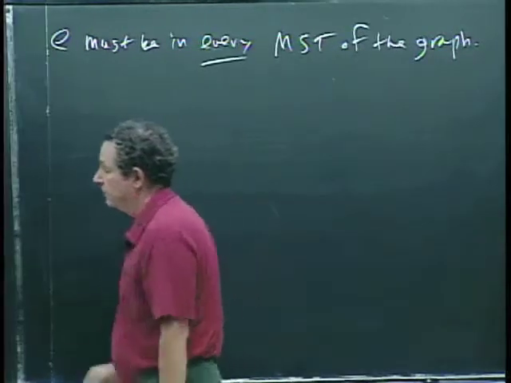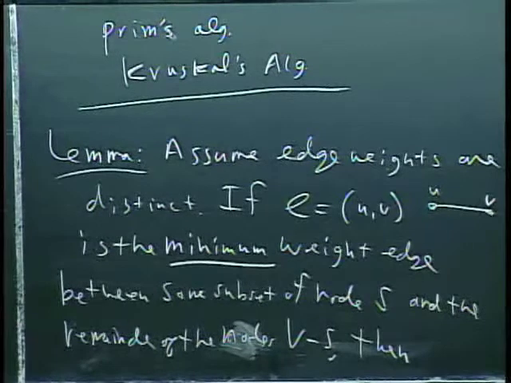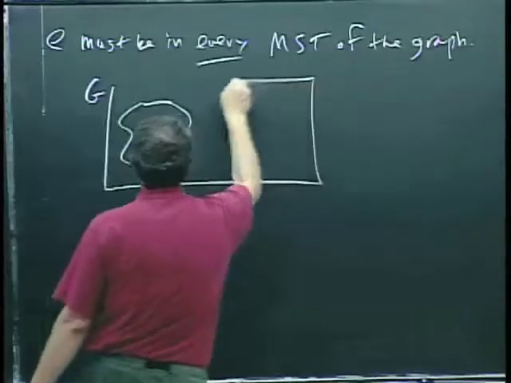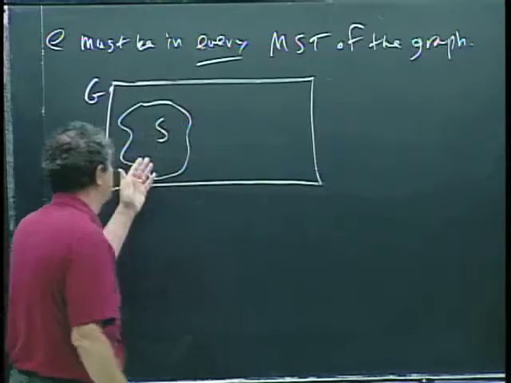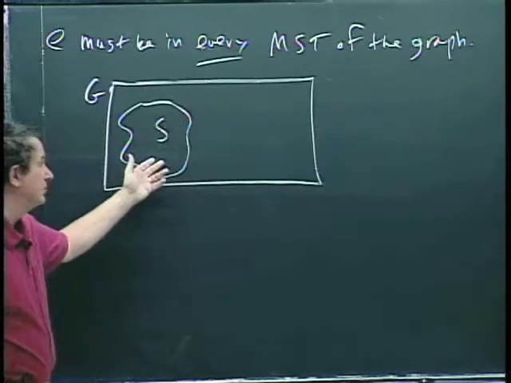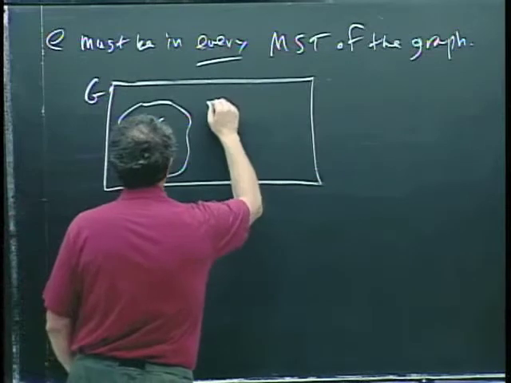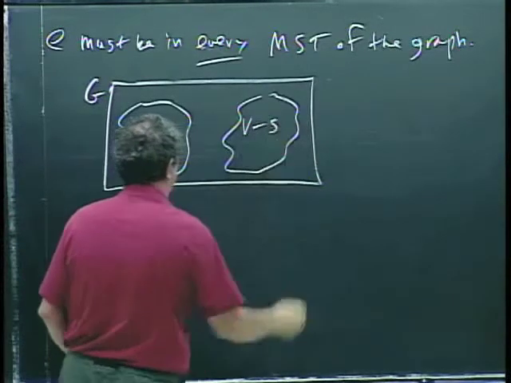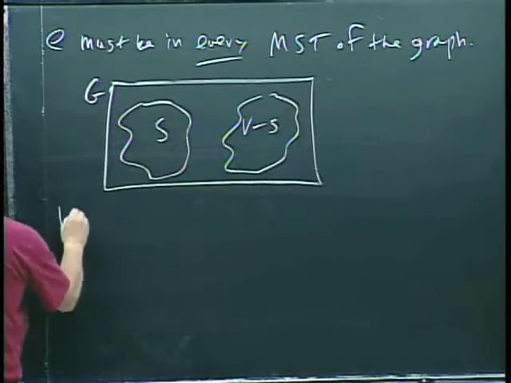Okay? So we'll prove this lemma, but let me just give you some pictures. What I'm saying is, here's the graph, call it G, and here's some subset of the nodes, S. Here are the remainder of the nodes, V minus S. So V is the entire set of nodes.